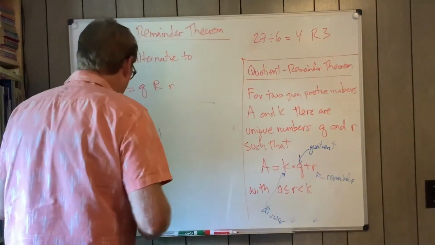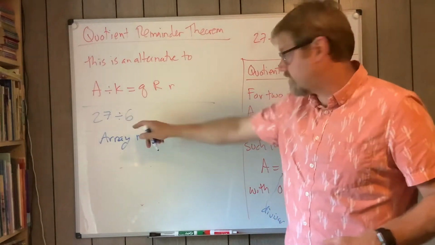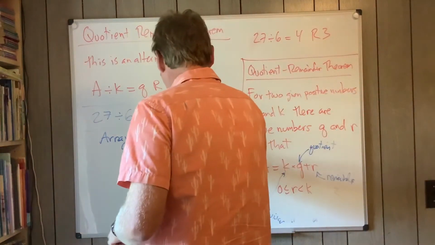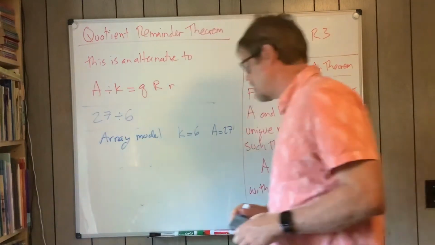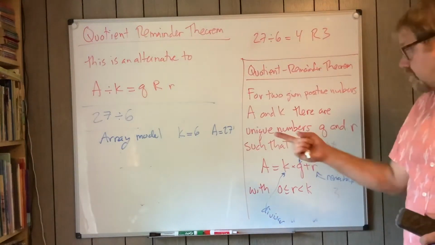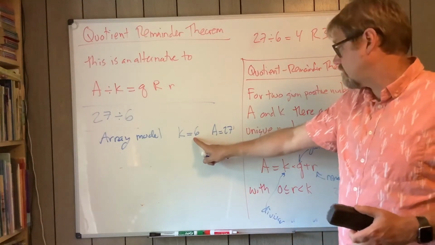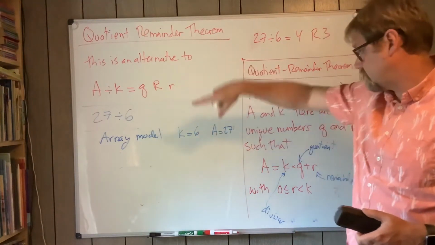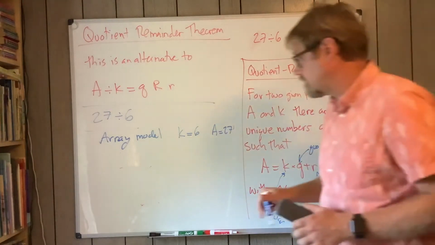K is my divider. K is 6. My number A is 27. So if I do blocks of 6 rows, we'll see how many of those fit in until I get 27.